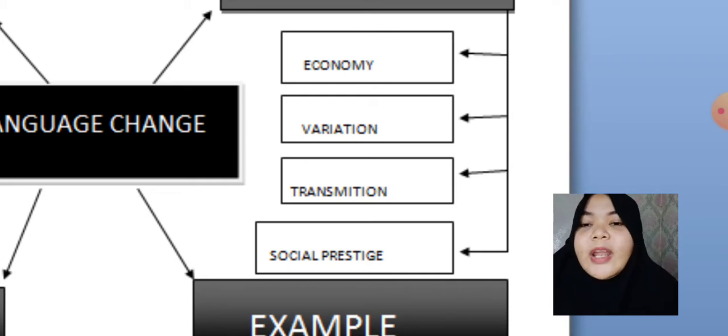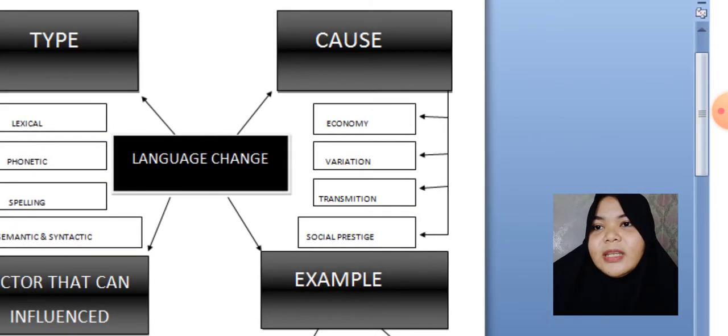For example, when you are a lower class person, talking with casual or informal language, and you become an upper class person, you are going to change your language to become a more formal language or more well-educated language, or using some new language that you did not use in your past life as a lower class person. So yeah, that's the cause of the language change.